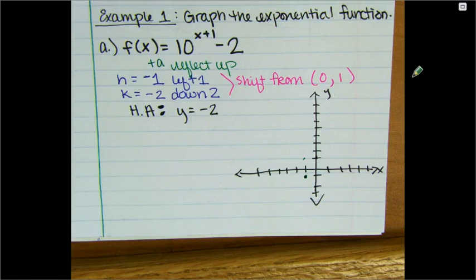If I made a table and I started with 0, make sense? I do 2 to the 0. Well, what is 2 to the 0? It's 1. That's why you start there. Because normally, if we plug in 0 for a lot of things, we get 0, 0. But this one, we're getting 0, 1. So that's why.